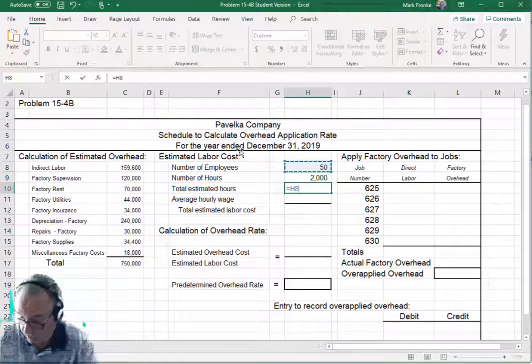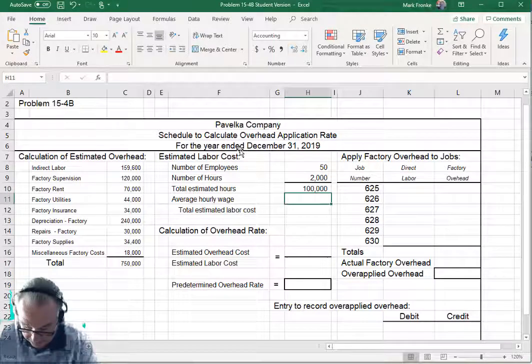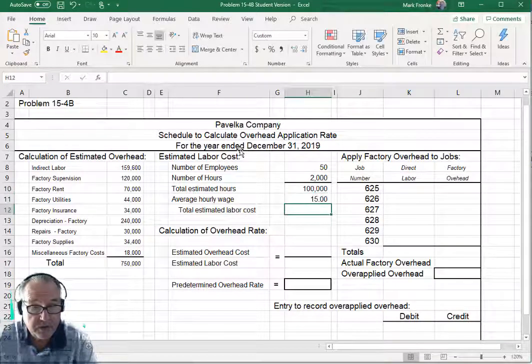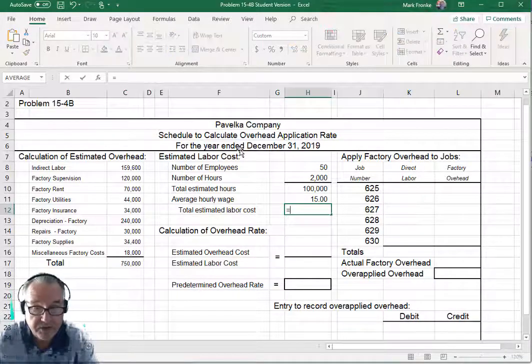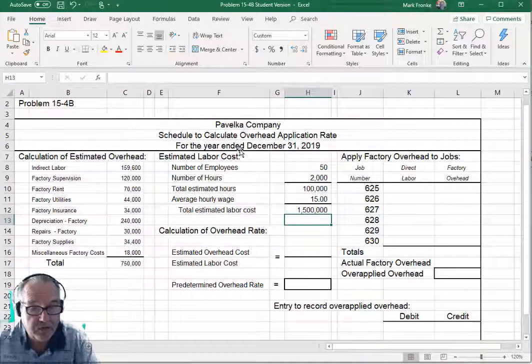So that means the total direct labor is 100,000 hours. On average, the laborers earn $15 an hour. So that total direct labor cost is estimated to be $1.5 million.